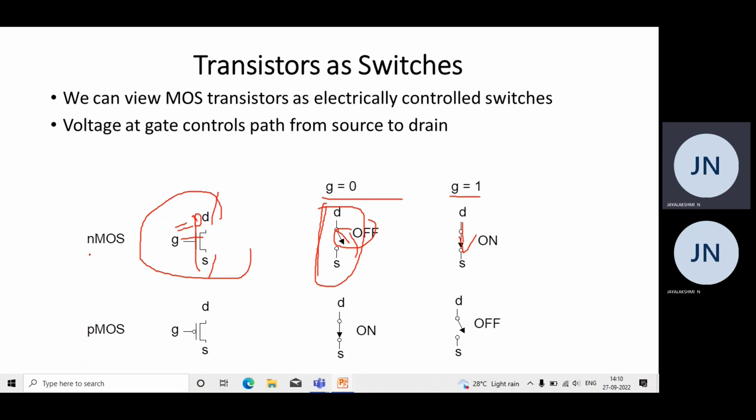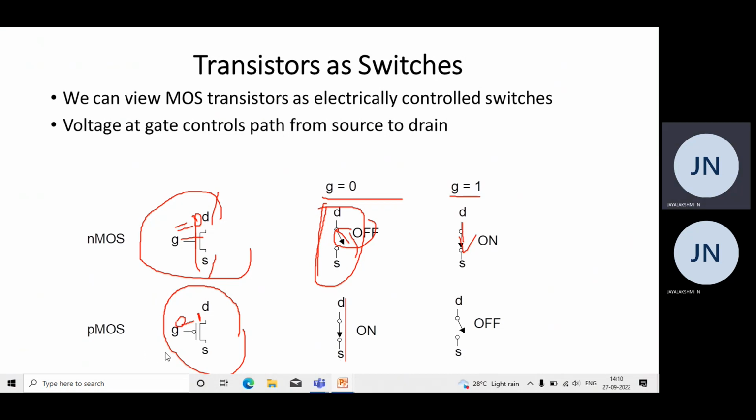Next, we'll consider the PMOS transistor. This is the circuit symbol of a PMOS transistor. When G is equal to 0, it is transmitted through the bubble and its value becomes 1. When it is 1, there is a closed path, which indicates flow of current from drain to source.